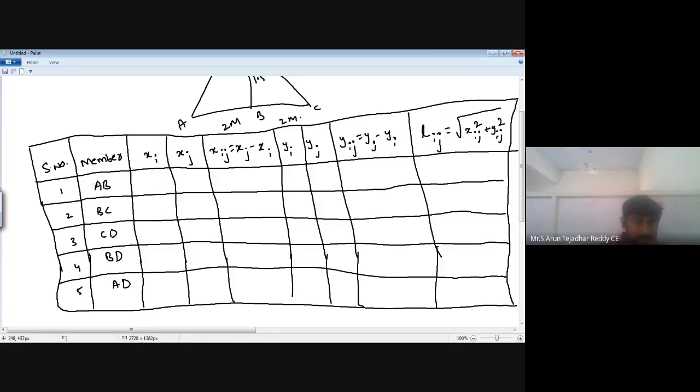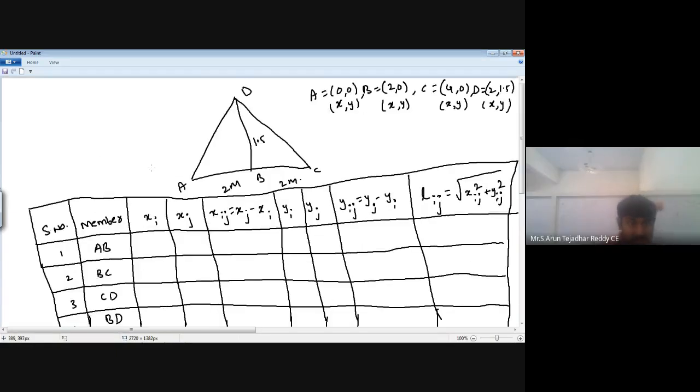First take the AB member and calculate the length of AB member. It means first take A coordinate and B coordinate. A coordinate is 0, 0. B coordinate is 2, 0. Here x comma y.